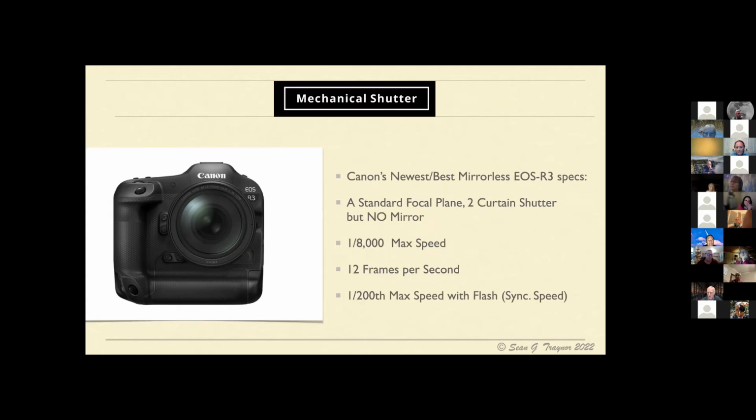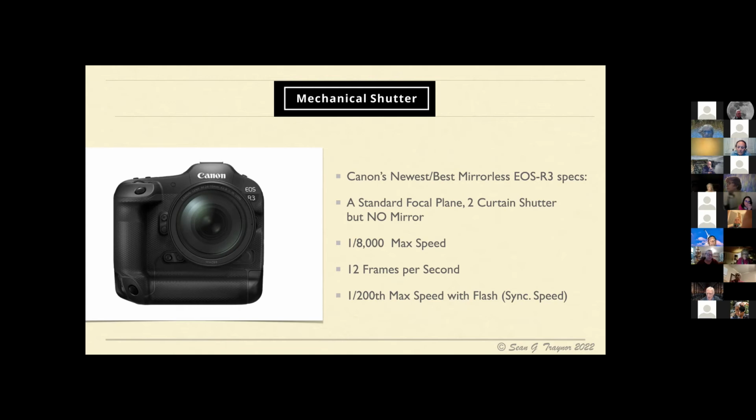Let's take a look first at the mechanical shutter. I'm going to use the Canon R3 as an example here. This is Canon's newest and best camera, and it in fact is a mirrorless camera. It has a standard so-called focal plane two-curtain shutter with no mirror. So it's just the standard shutter that we saw before, but there's no mirror.